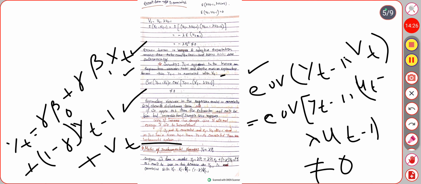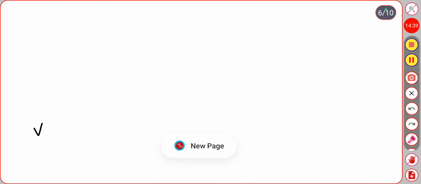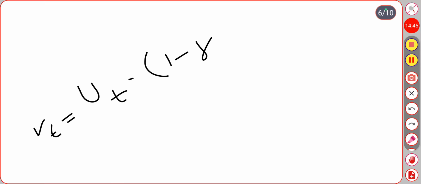OLS cannot be used in this model, as yt minus 1 is correlated with vt, and we know that vt is equal to ut minus 1 minus gamma times ut minus 1 in the adaptive expectation model.